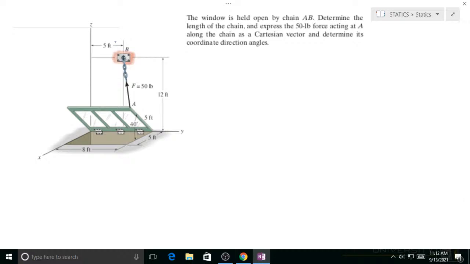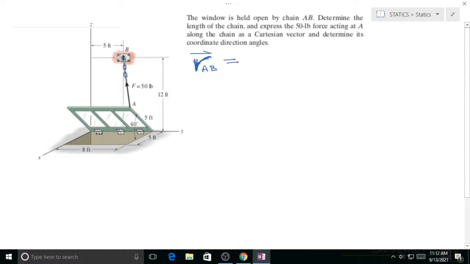The first thing I need to do is determine the vector that goes from A to B. I can do a Control C. Okay, so I'm going from A to B. My handwriting's not that good, but there's A to B.